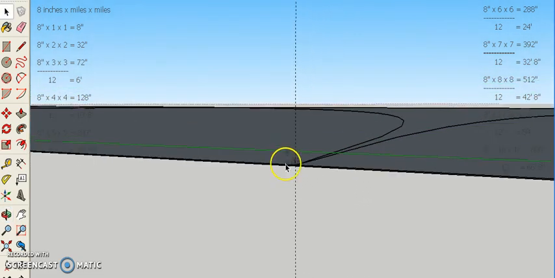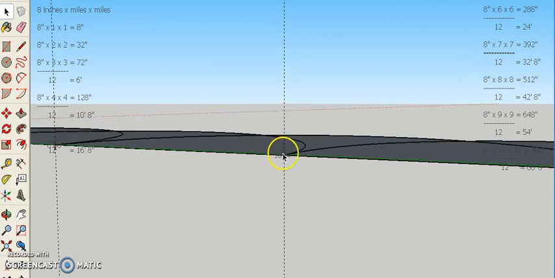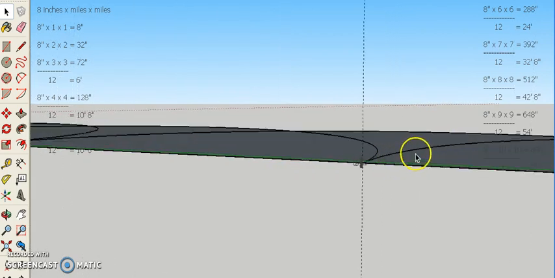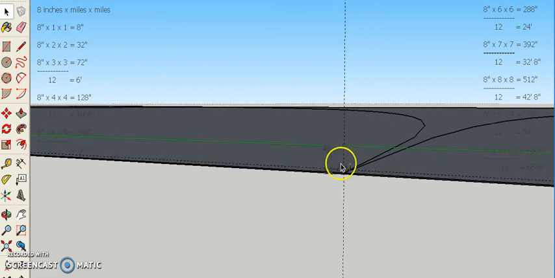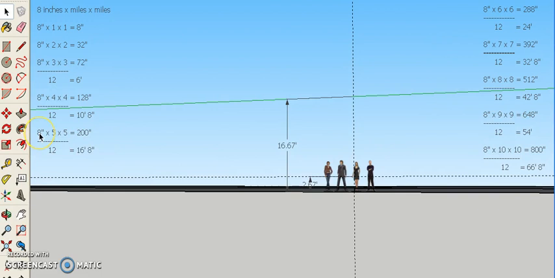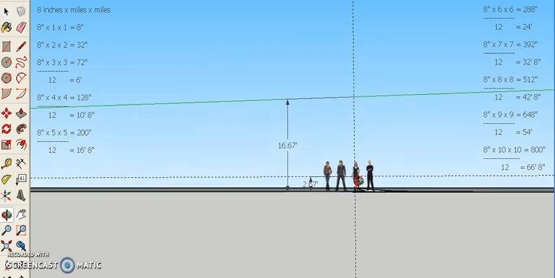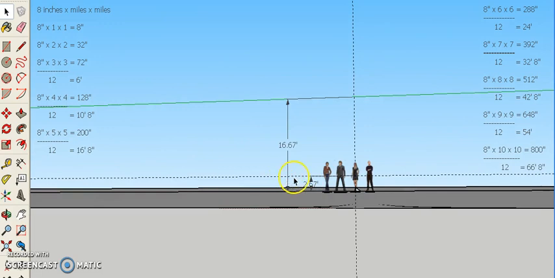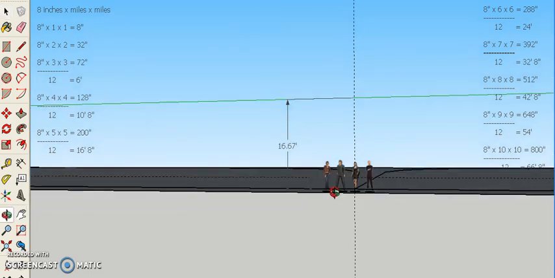Now at the 5 mile mark, we see that they are 5 times 8 is 40. 40 times 5 is 200. 200 inches. Divided by 12 is 16 foot, 8 inches. And you'll notice this dashed line here at 2 foot, 8 inches. Explain that one in a moment.